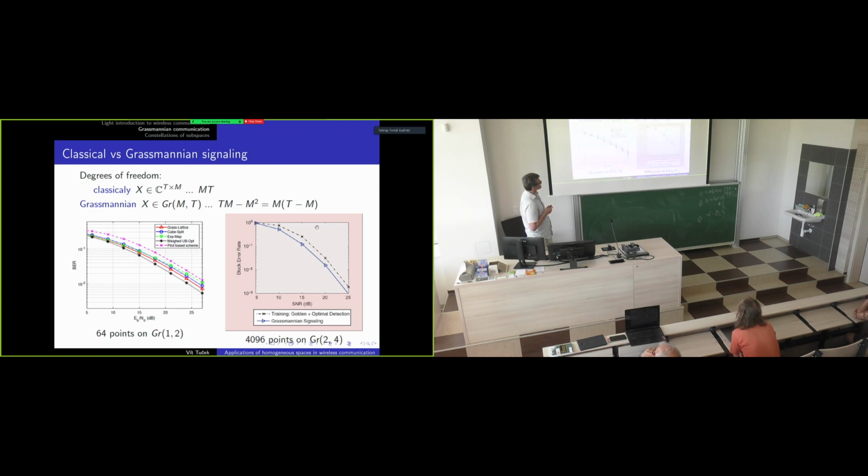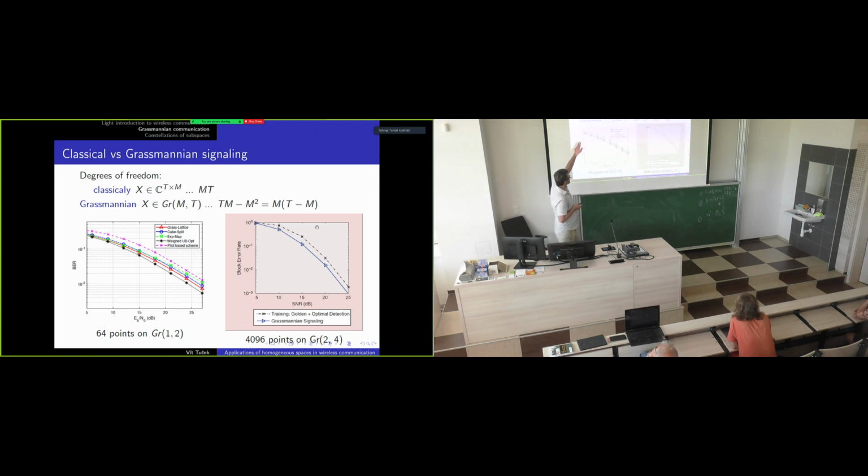When we are sending vectors, we have M times T degrees of freedom, and basically the dimension is M times T. But the Grassmannian has smaller dimension, so it's not clear that it will be beneficial. But if you actually develop this idea from start to finish and compare it, then you can see that there is a small or medium-sized win.